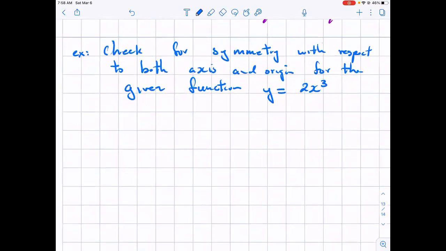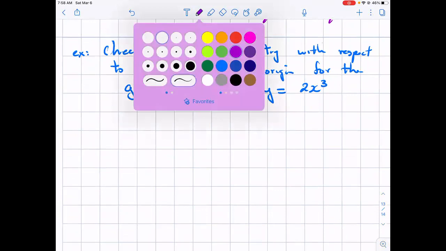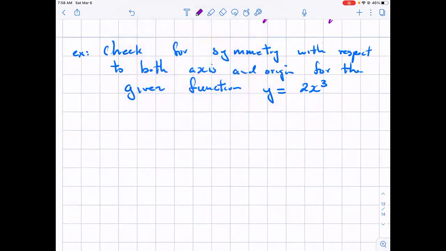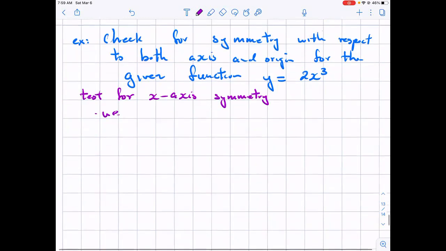So the first thing, remember there are 3 tests, right? So let's just test first for x-axis symmetry. And we know we must replace y with minus y.